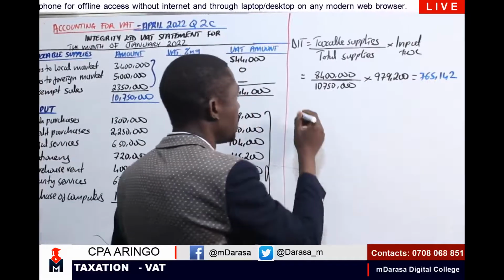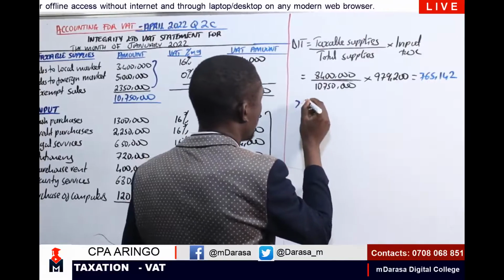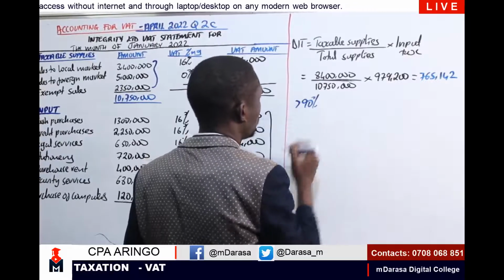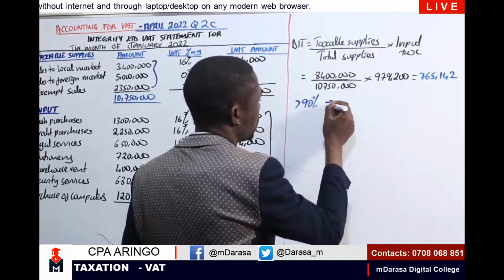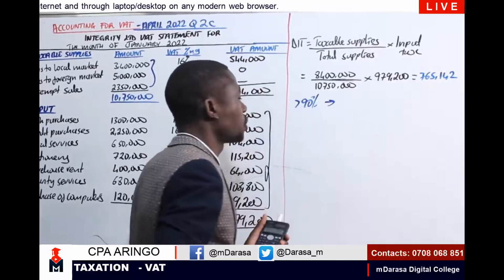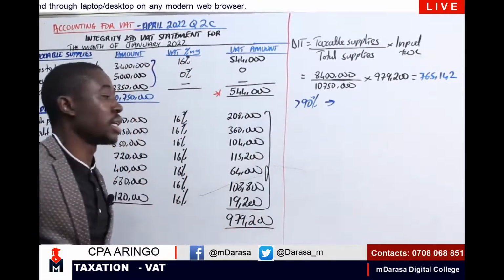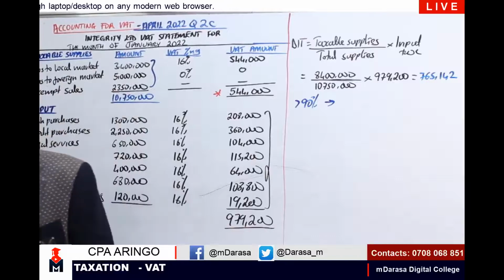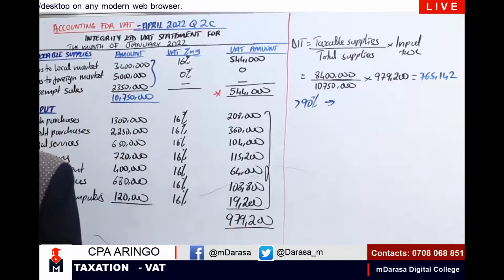We say that if it is 90% and more, if greater than 90%, we are going to take all this amount as deductible.